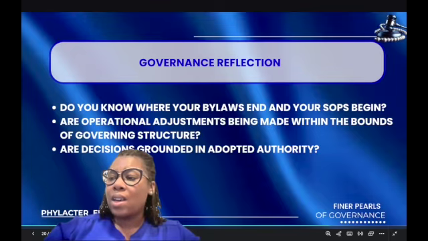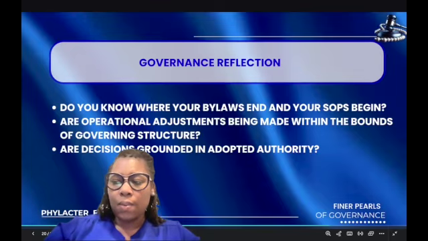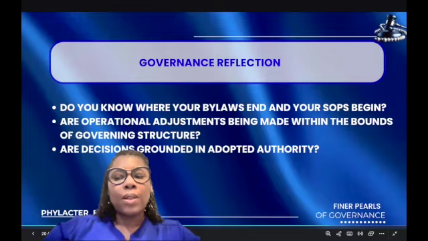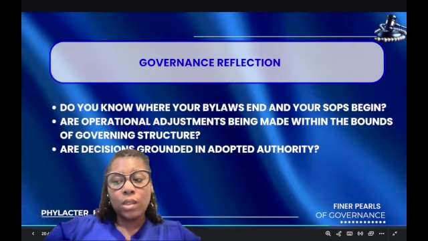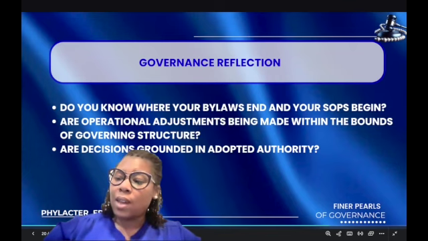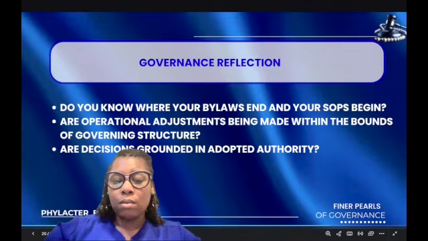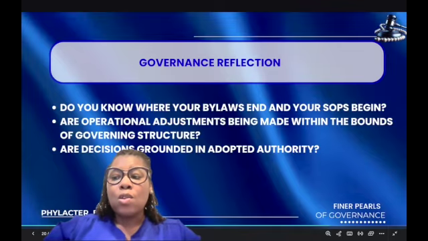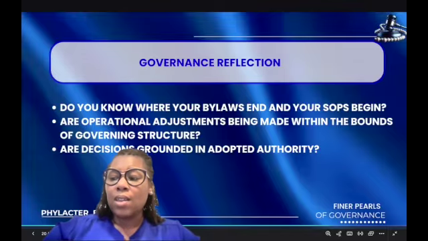Remember, clarity in governance is not about rigidity. It's about protection. You want to protect the process, you want to protect the membership voice, and you want to protect institutional or organizational integrity.